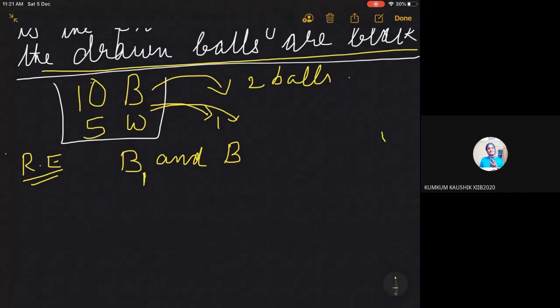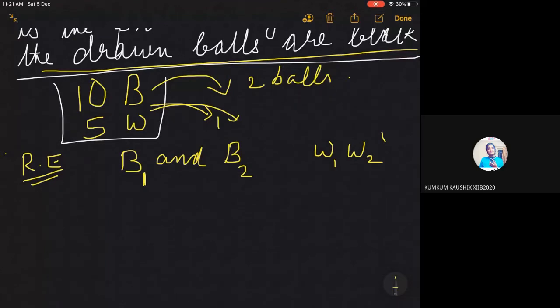For the first ball, we put B1 because it's the first one, and B is for black. For the second ball, I'm writing B2. If your ball is white, what will you write? W1, W2, like this. These notations we can consider for defining the events.